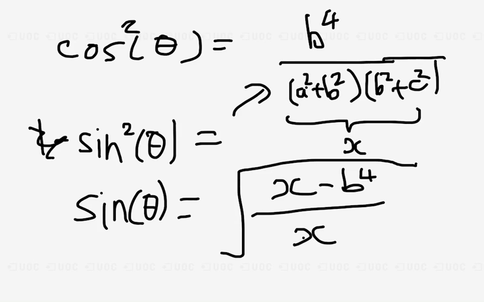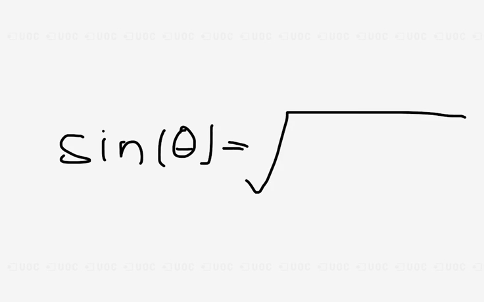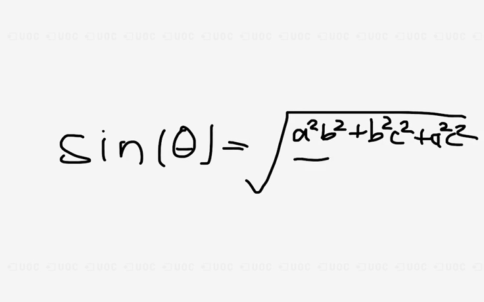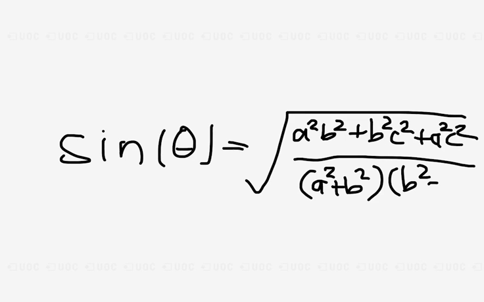X we can expand out now. It's equal to A squared B squared plus A squared C squared on the top, because we're subtracting the B fourth, all over A squared plus B squared plus C squared.